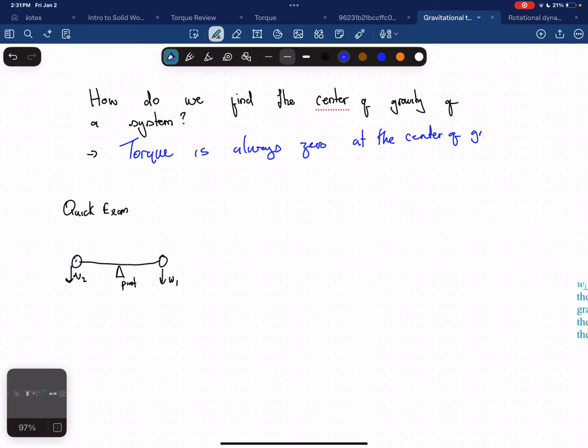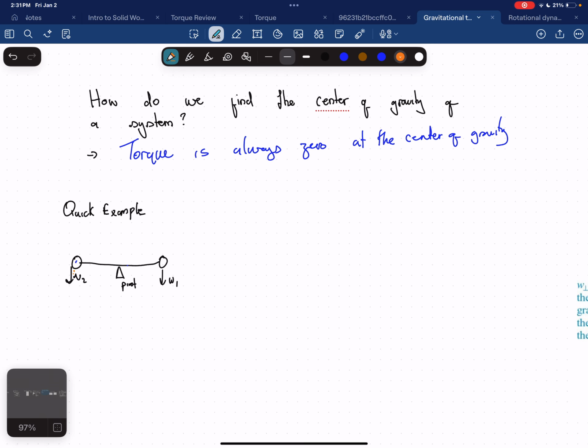All right? So if I have my quick example here, I have a pivot and weight 1, weight 2. It looks pretty balanced already. But for our purposes, let's say weight 2 is bigger. Let me just make that clear.